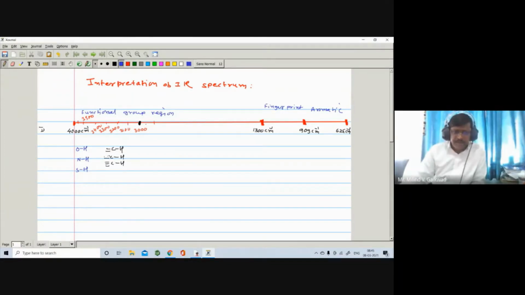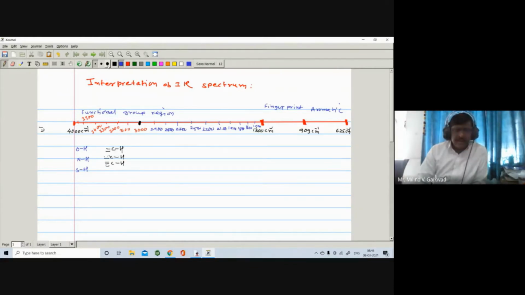Then if you are having a band between 2900, 2800, 2700, 2500, 2200, 2100, 1900, 1800, 1600, 1500, 1300, you can take these values.